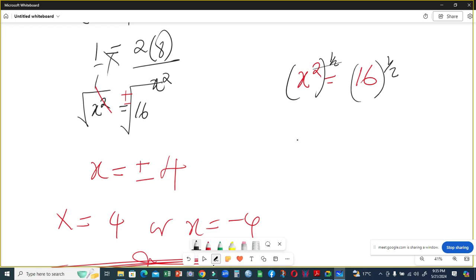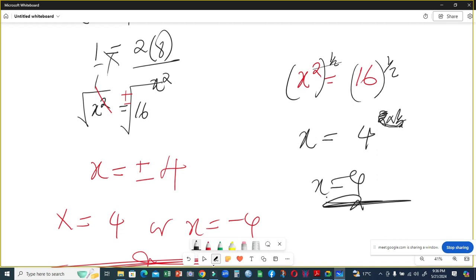So you remain with what? x is equal to, remember 16 is the same as 4 squared, but we also have times power half, and with that power half, these 2 and these 2 will cancel each other. So we just remain with x is equal to 4.